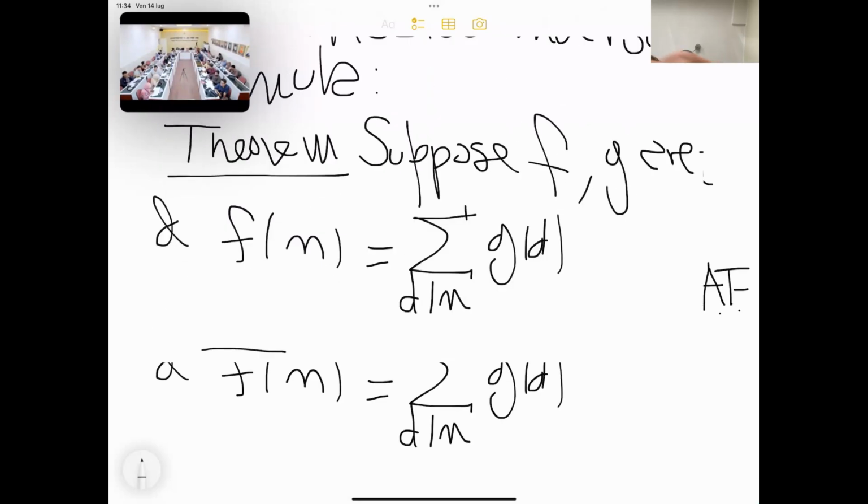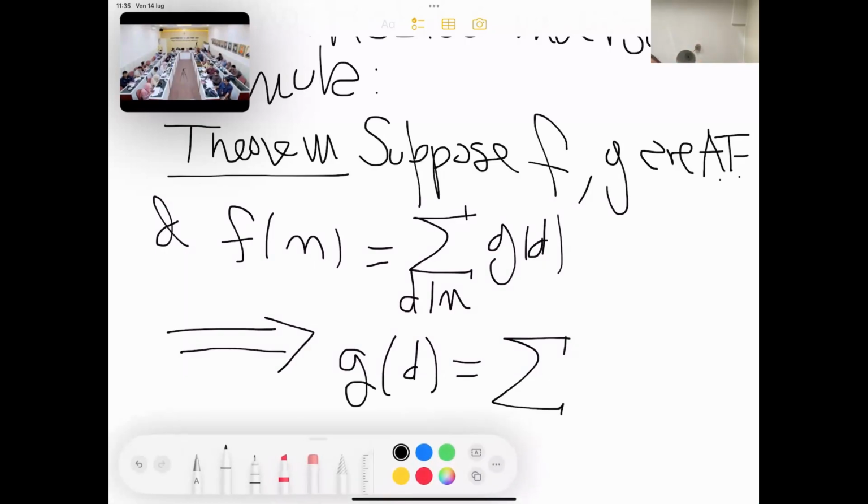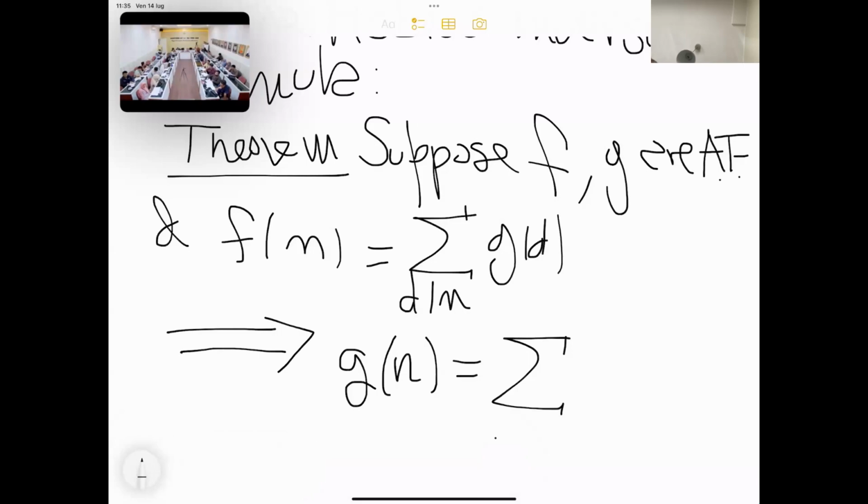Well, then, if this is the case, g of n is equal to the sum over d dividing n of the Möbius function of d times f of n over d.